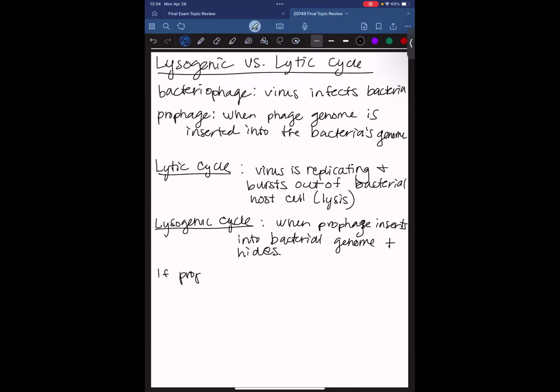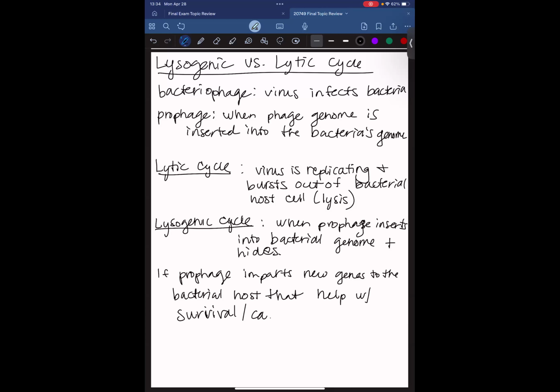If a prophage imparts new genes to the bacterial host by inserting itself that way, that help with survival of the bacteria, or help cause disease in the host, this is a process called lysogenic conversion.